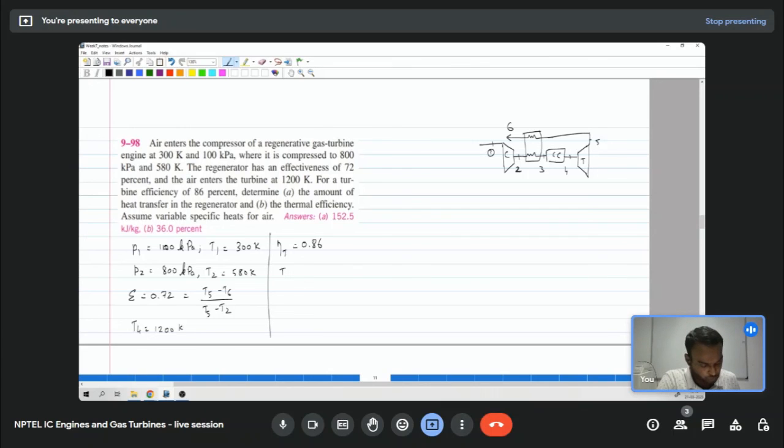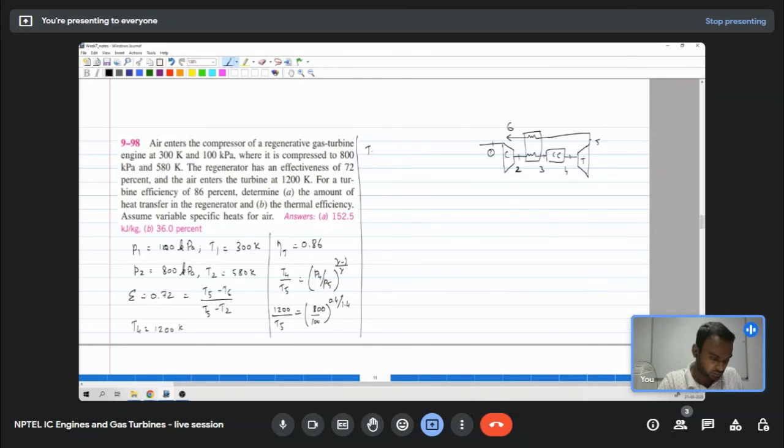So we know T5 by T4 over T5 equals (P4 by P5) power (gamma minus 1) by gamma. T4 is 1200 Kelvin, T5 is unknown, and P4 by P5 is 800 by 100, raised to the power 0.4 by 1.4.